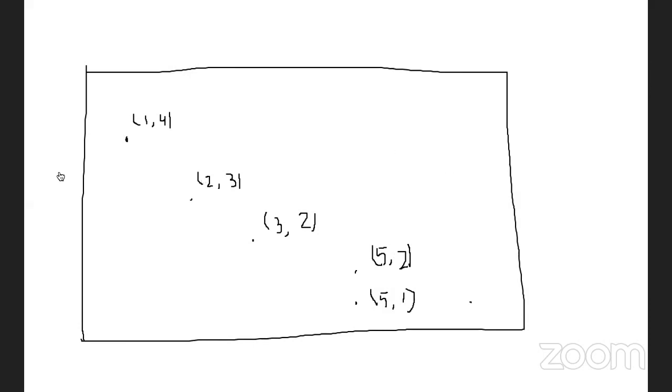Okay, so let's just review where we went wrong. Okay, so I think the mistake in my logic was that I didn't consider the top wall to be a point, and I should have.